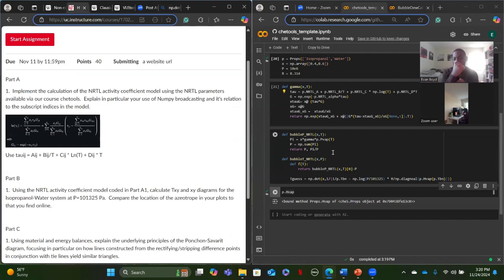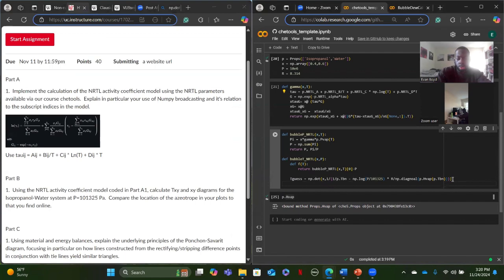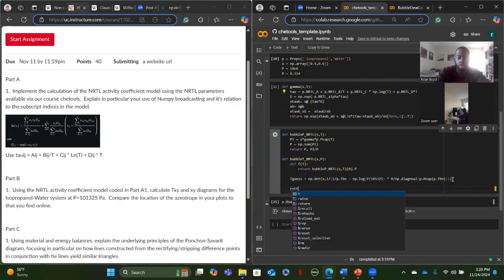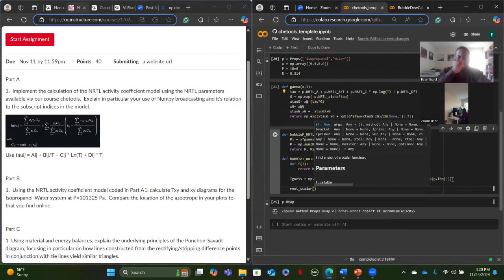And then so we have our T guess is our np.dot of our mole fraction with respect to our Clapeyron equation. Okay, so this will help define our bubble T. And then we'll put this into a root_scalar. So we have a root_scalar, and this will have our function, so our F function.